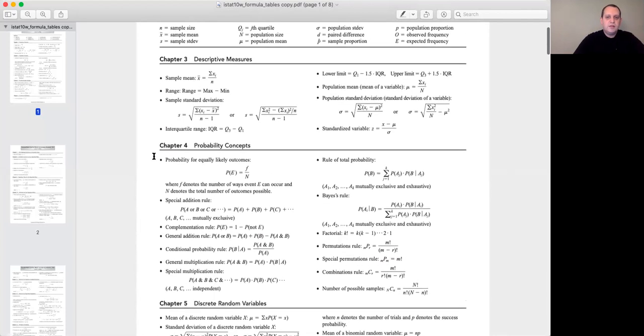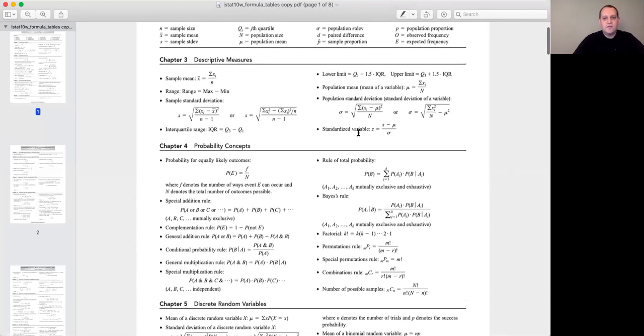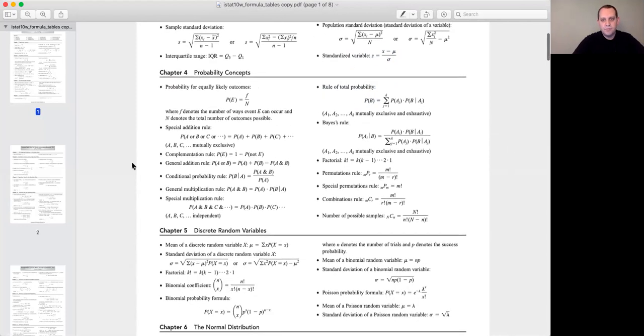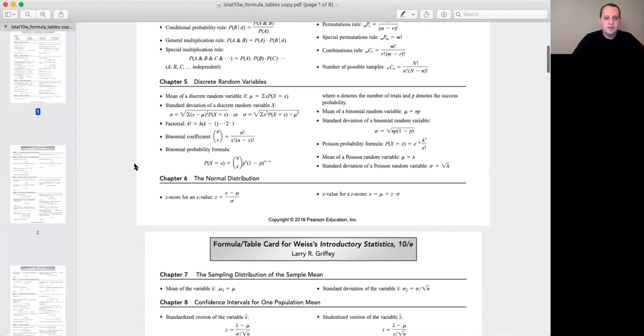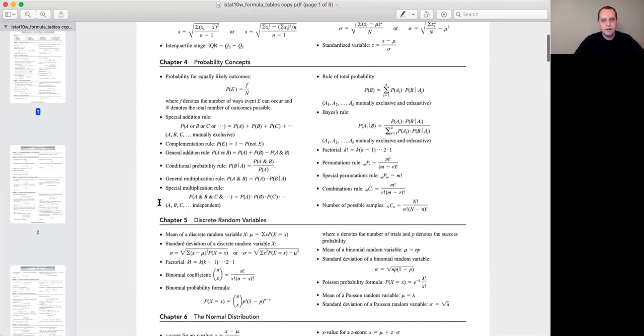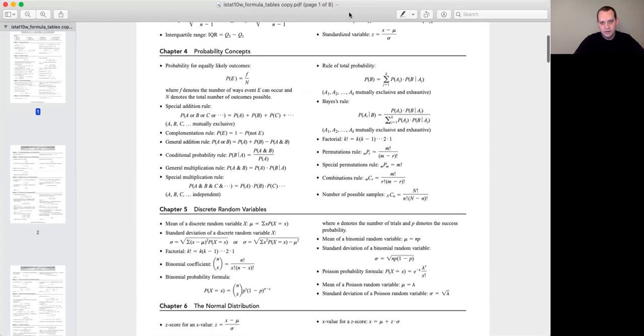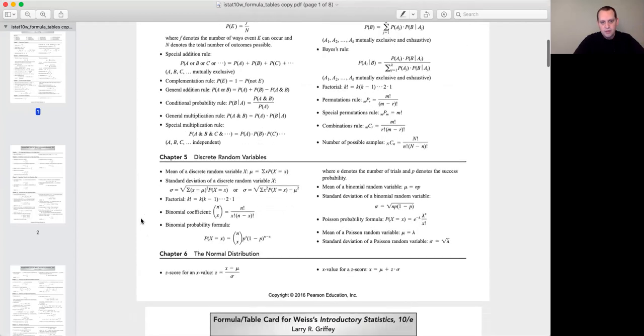Chapter 3 actually has this formula for the standardized variable, which was initially introduced in chapter 3, and it's also here in chapter 6. So the normal distribution has that z-score. This is again called the standardized value.